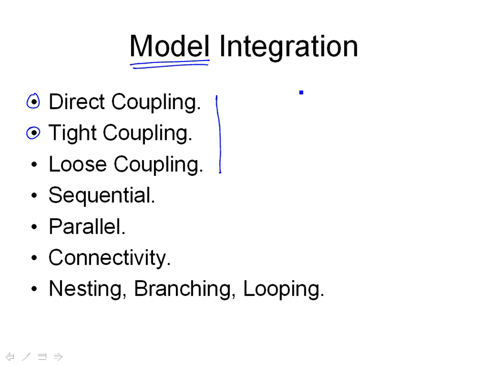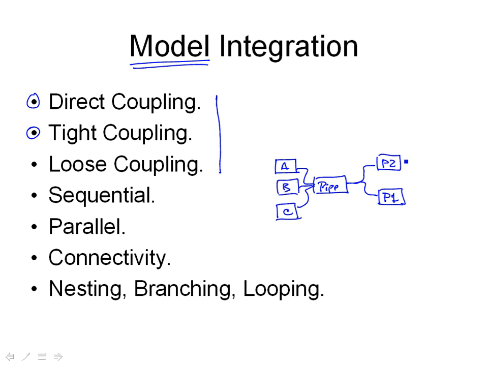Model integration, sequential, basically means that, for example, in our case of reservoir model A, reservoir model B, and reservoir model C, and then we go into pipe calculations. Okay, and then maybe this goes, we've got a splitter or something, and we have a process 1 and a process 2 going on here, and then maybe some of the products from here go together into a further processing, maybe a gas processing.